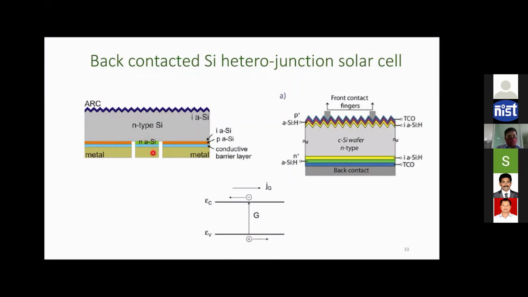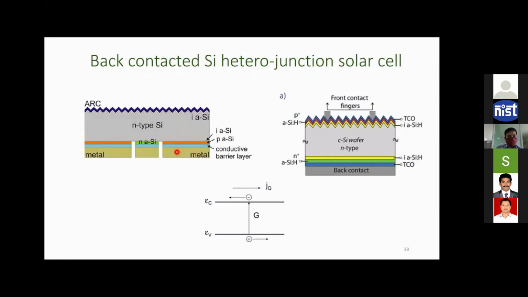Here, this N-amorphous silicon forms an electron collecting layer. So the electrons that are near to this contact will get collected through this contact, and this P-amorphous silicon is forming your hole collecting layer. That means the holes that are diffusing towards this junction will get collected through this contact.